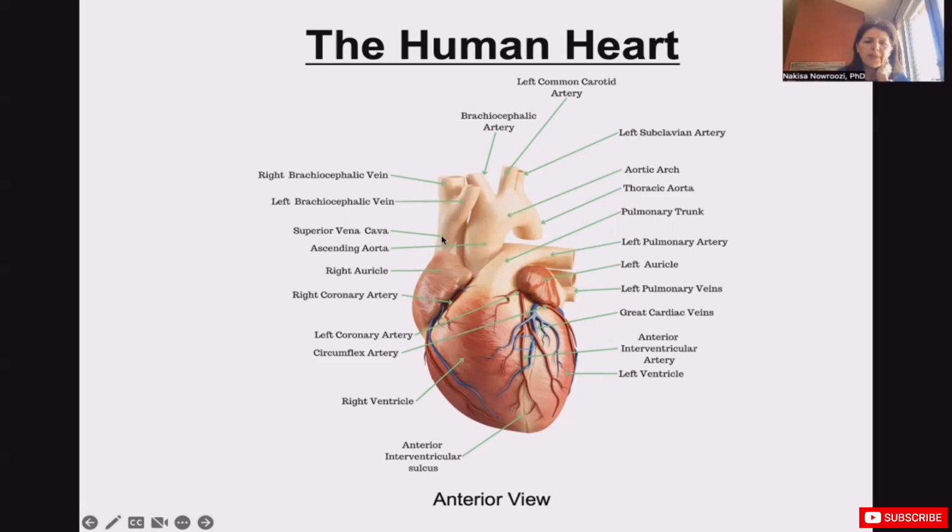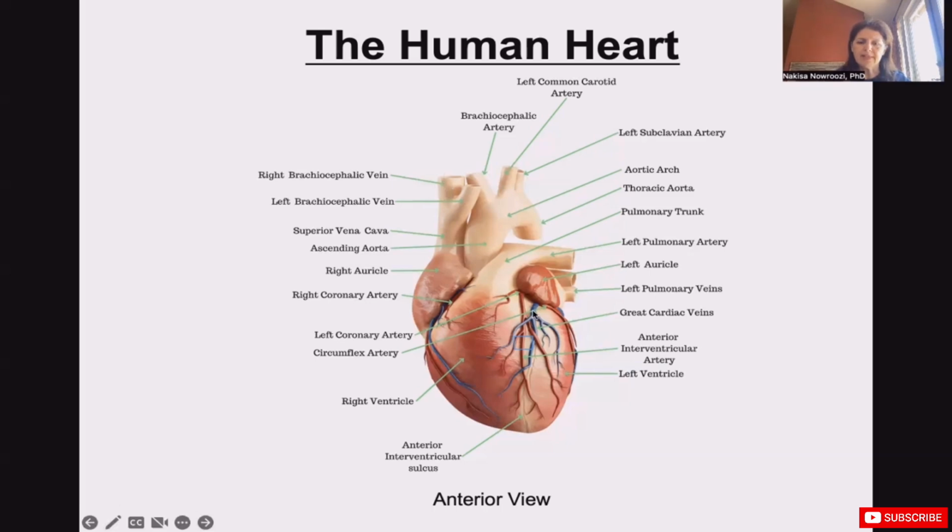We have superior vena cava that brings all the deoxygenated or less oxygenated blood back into the heart. And then superior vena cava branches into left brachiocephalic vein and right brachiocephalic vein.